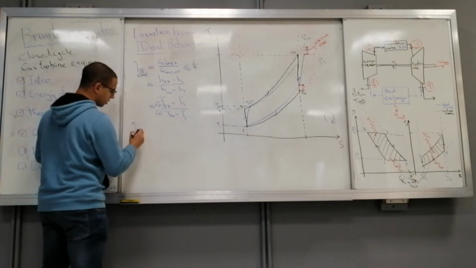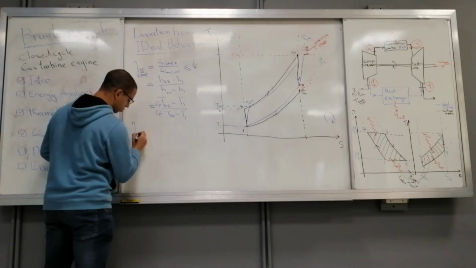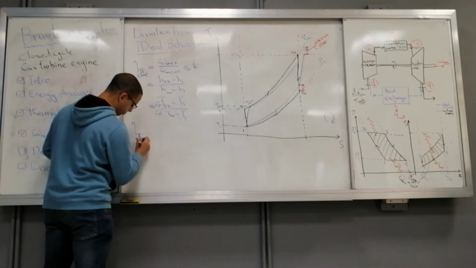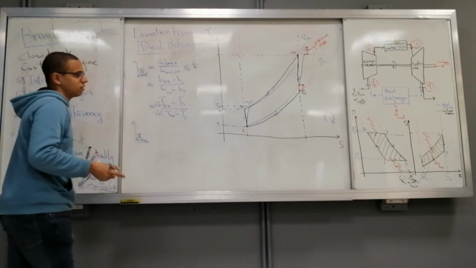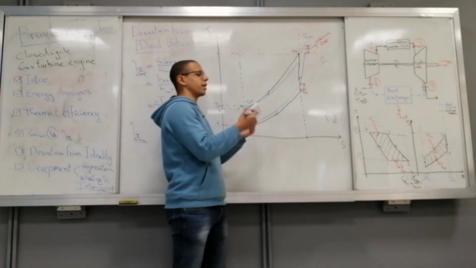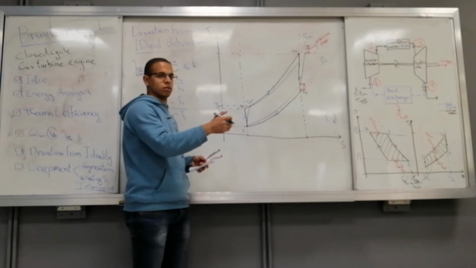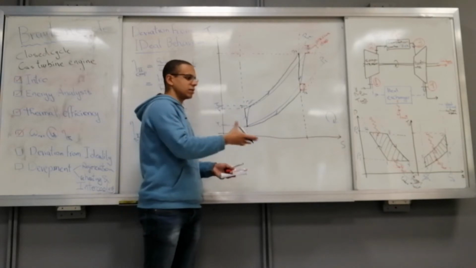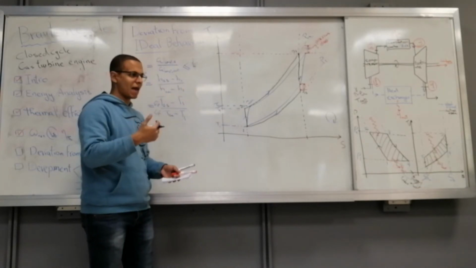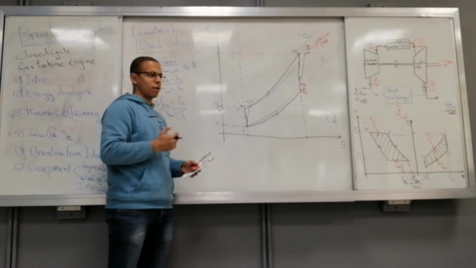Another efficiency is defined for the turbine. The turbine is a little bit different because I'm the one extracting the power. So my theoretical limit is the upper limit, while I'm gonna extract some less. The actual is less than the theoretical.